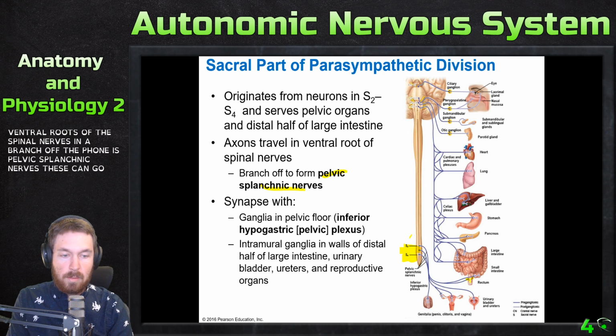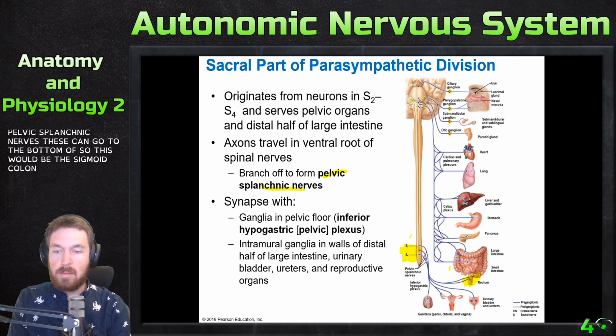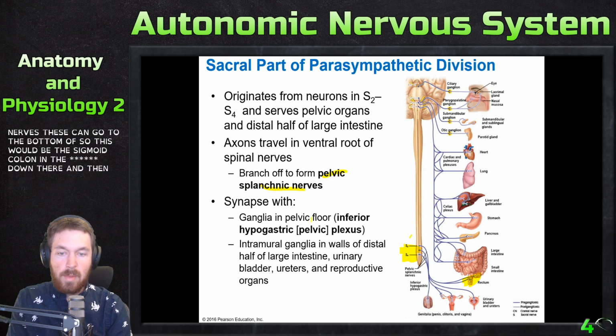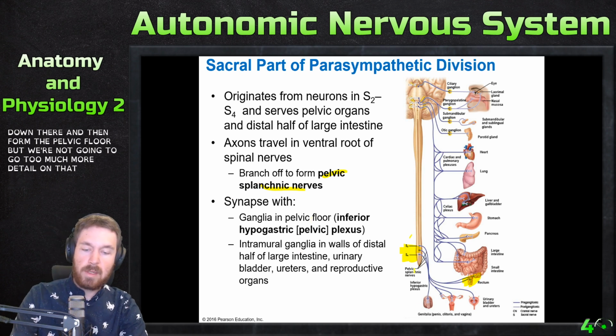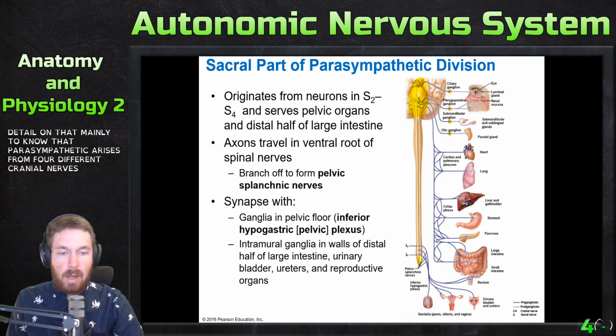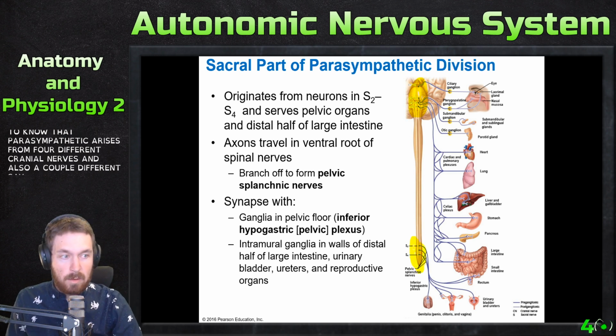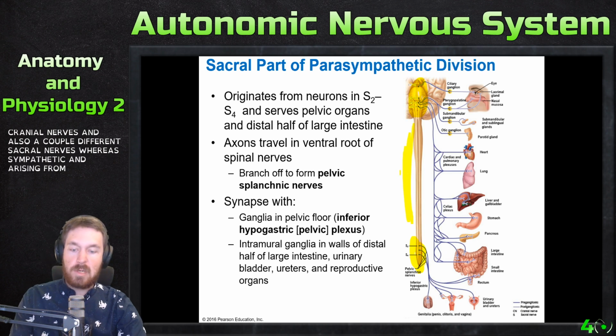These can go to the sigmoid colon and the rectum down there, and these then form the pelvic floor. But we're not going to go into much more detail on that. Mainly the focus is to know that parasympathetic arises from 4 different cranial nerves and also a couple different sacral nerves, whereas sympathetic can arise from this region here.